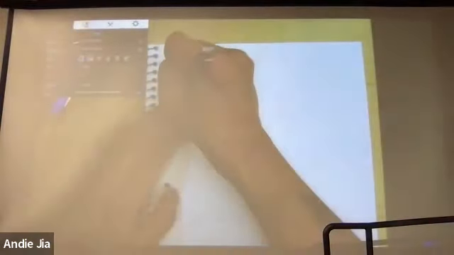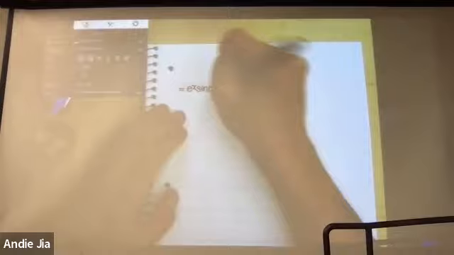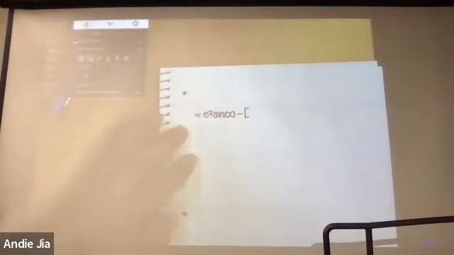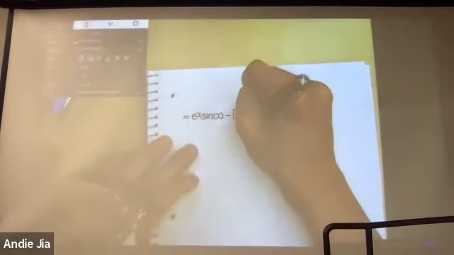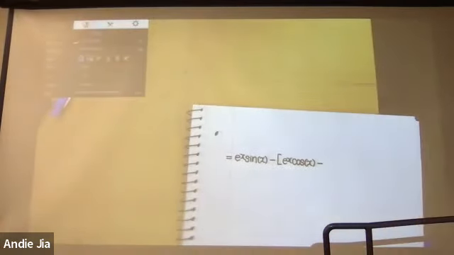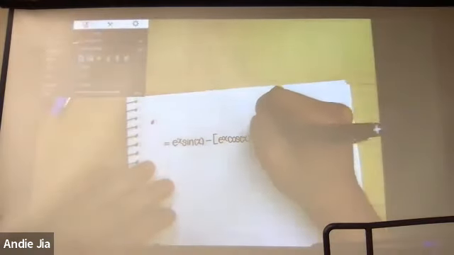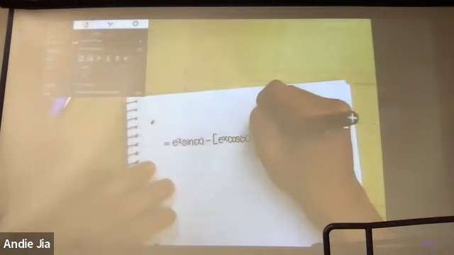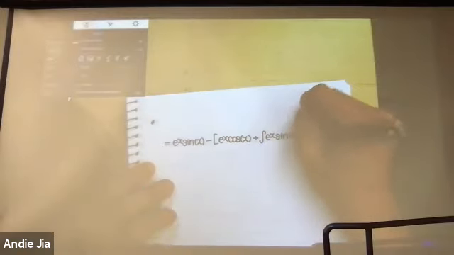Back here, it is equal to e^x sine of x minus uv, which is e^x cosine of x, minus the integral of v du, which is plus the integral of e^x sine of x dx.